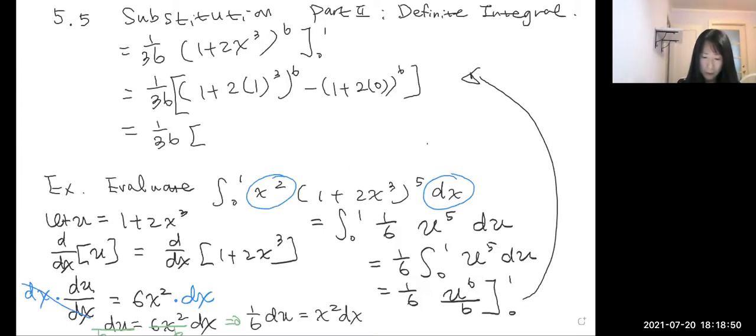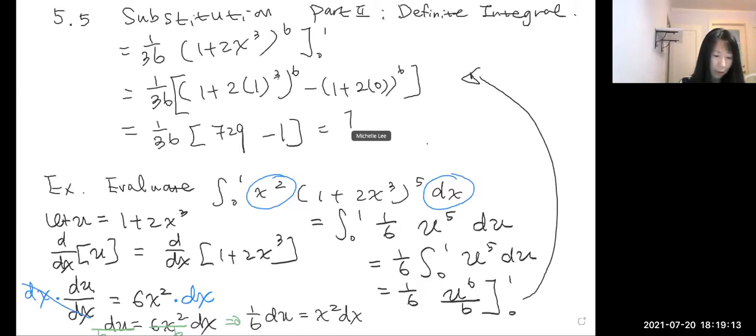No, we do it like this. 1 to the 3 is 1, right? Then there's 2. 3 to the 6th power is 729. And it's 1.